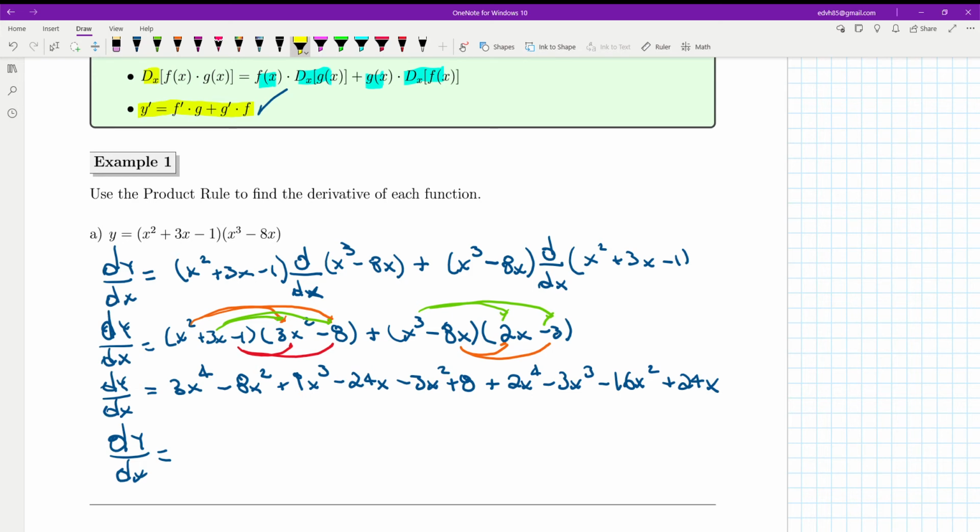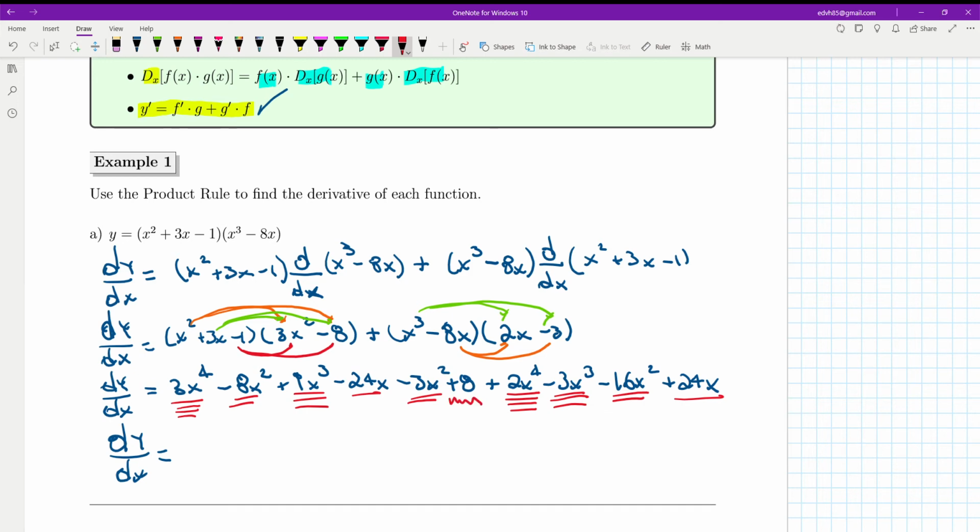So let's see, fourth power, do we have another fourth power? That's another one right here. Cubes with cubes right here, and then squares, squares, first powers, and constant terms.